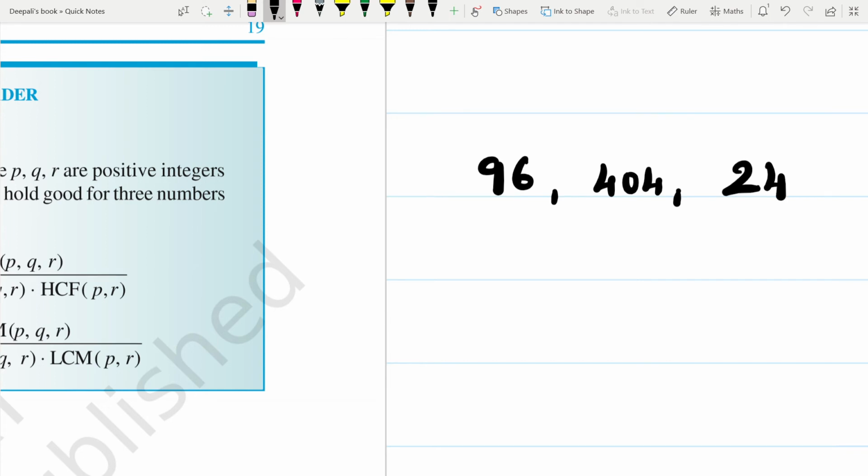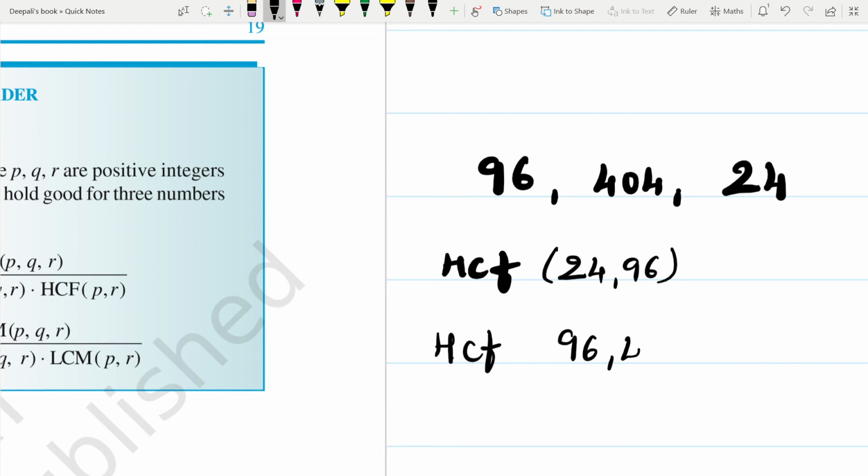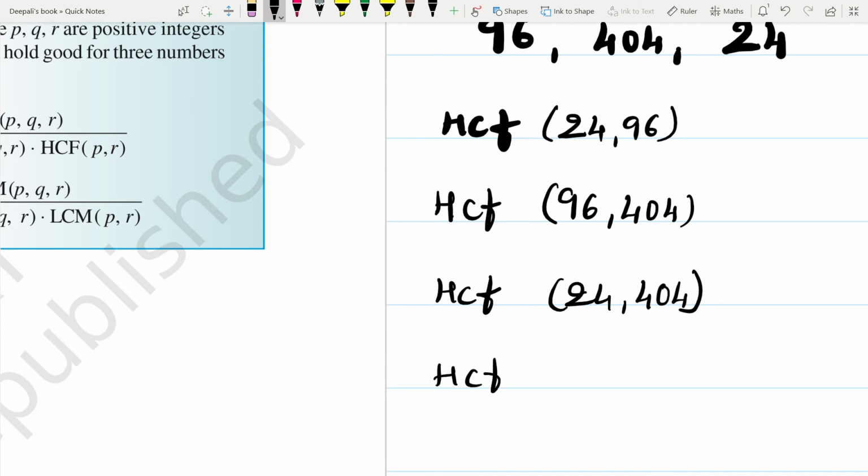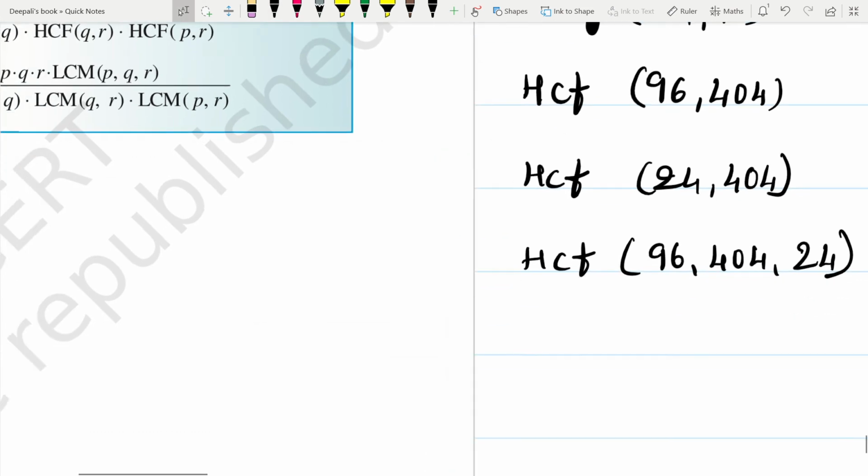Then, first we will be finding the HCF of 24 and 96, then HCF of 96 and 404, HCF of 24 and 404, and HCF of 96, 404 and 24. And then we can apply the formula.